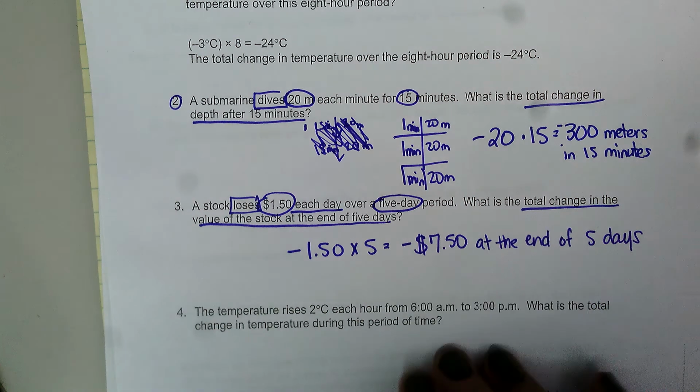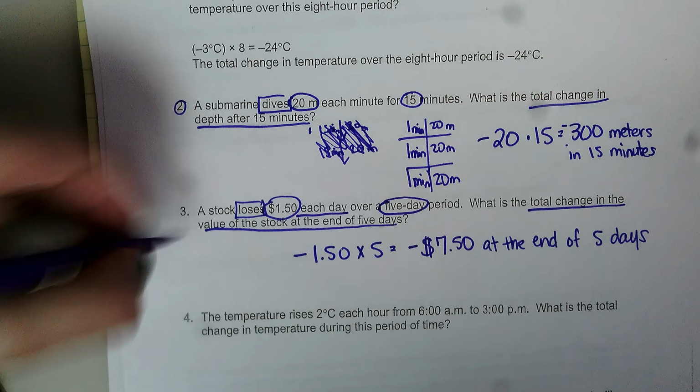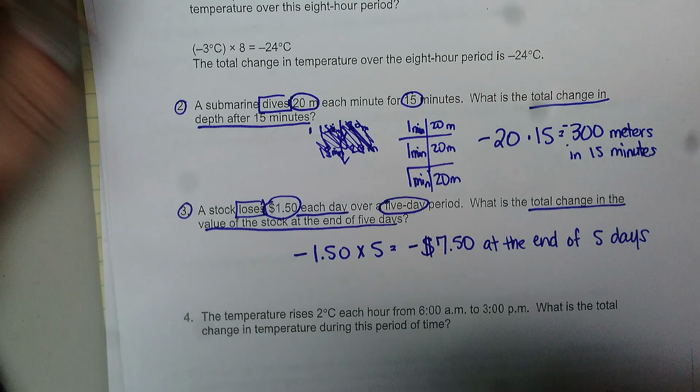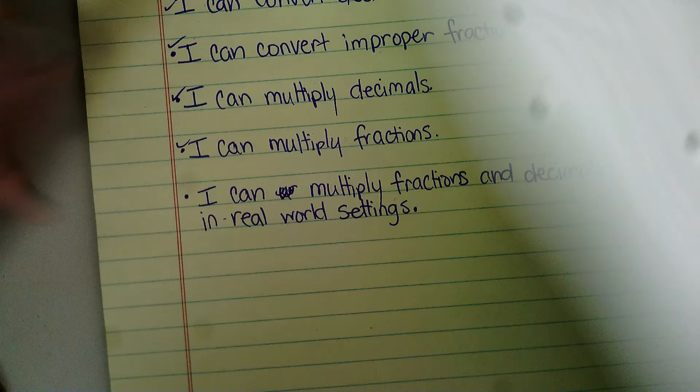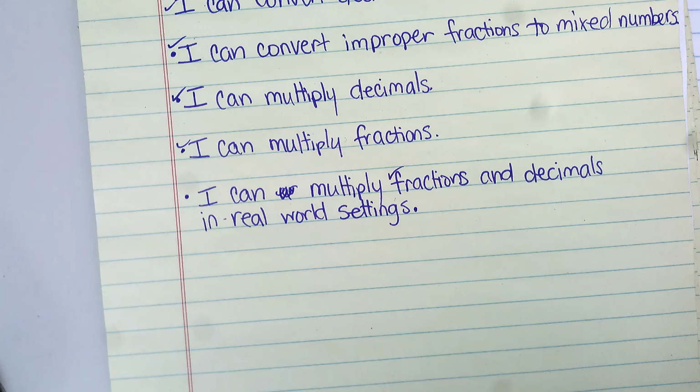Okay, so that tells me what it is. So $7.50 at the end of 5 days. Okay, so that's how you're going to do your multiplication problems. So we have done a couple multiply problems. Now let's do some division problems.